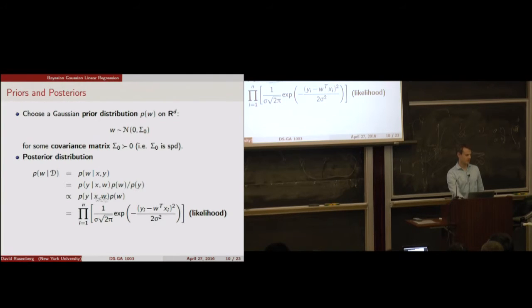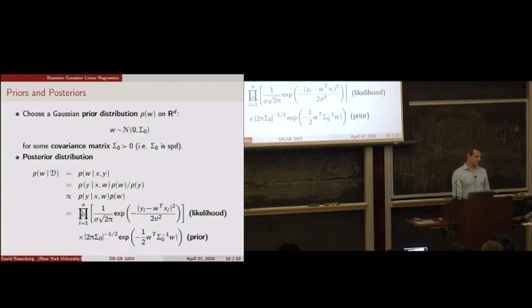And then what do I have to add to get the equality? The prior, that's P of W, which is a Gaussian density on W, right? So this is an explicit expression for the posterior distribution of W given the data D. All right, that's neat. So the question is, is this something simple or complicated? Right now, it looks like the product of a bunch of Gaussian-like things. Does that simplify or not?